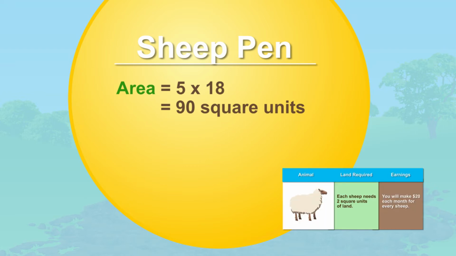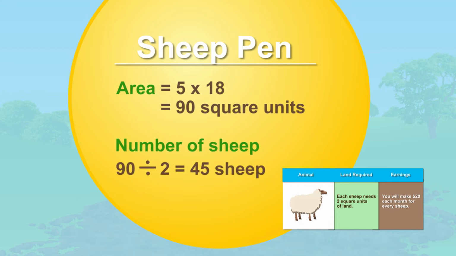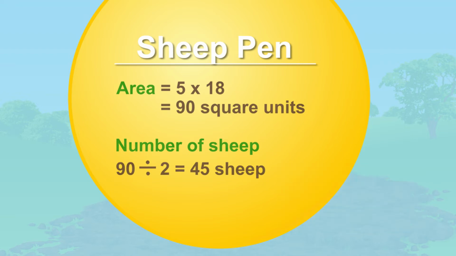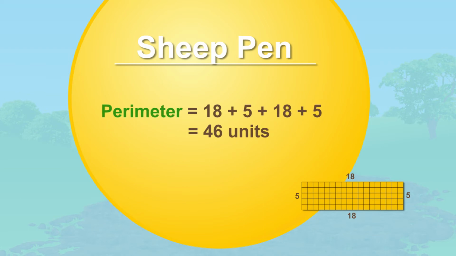How many sheep can occupy that area? Well, each sheep needs 2 square units, so that would be 90 divided by 2 equals 45. 45 sheep will occupy that area. For the perimeter, it would be 46 units.